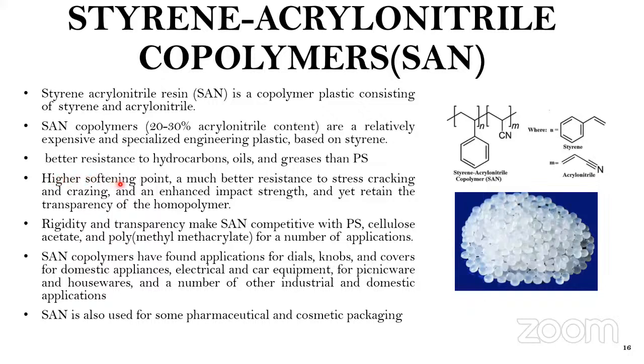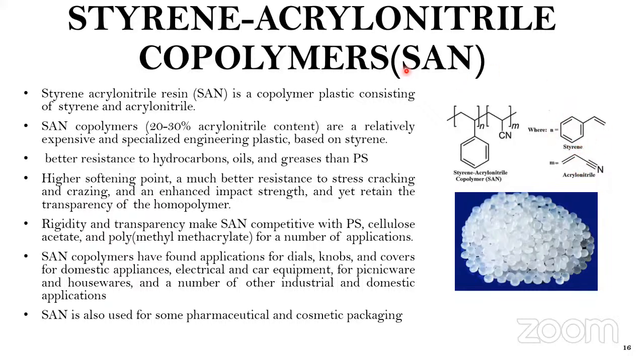They have a much higher softening point, a much better resistance to stress cracking as well as crazing, and enhanced impact strength, and yet retain the transparency of the homopolymer. See, it gives you the combination of both styrene and acrylonitrile. You know styrene has transparency.